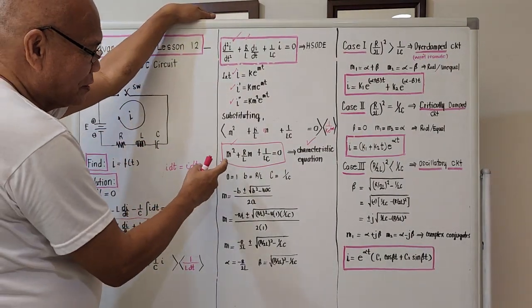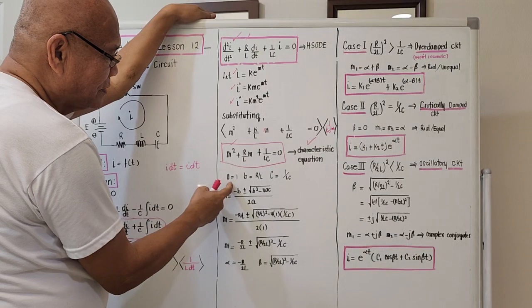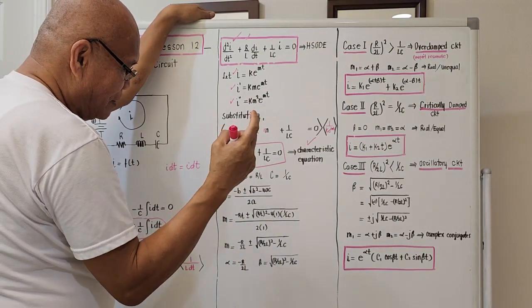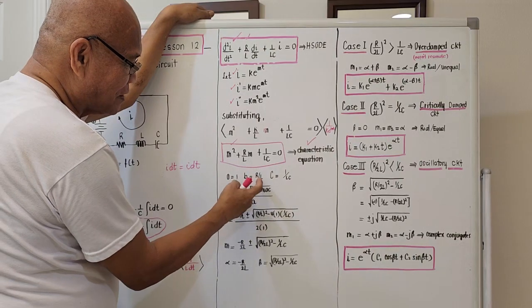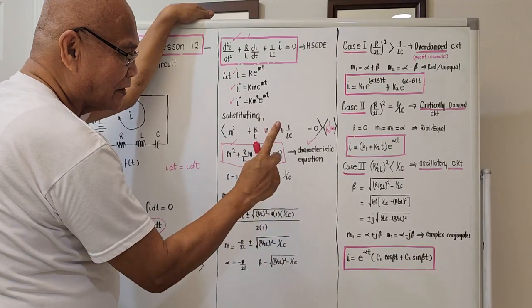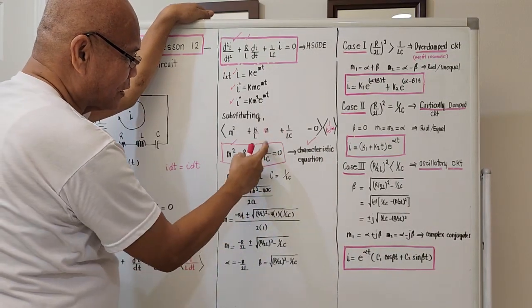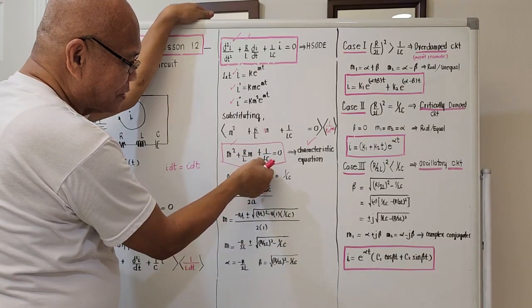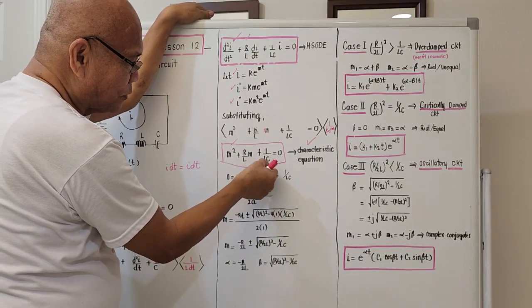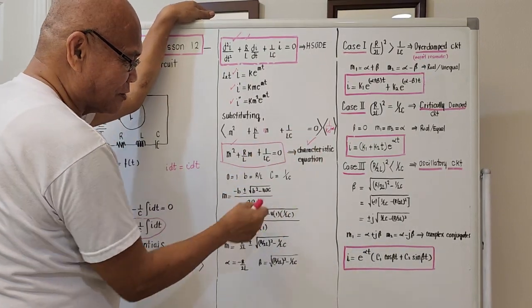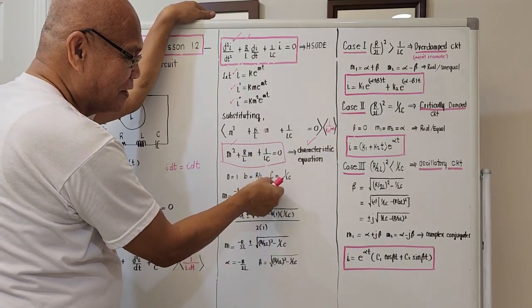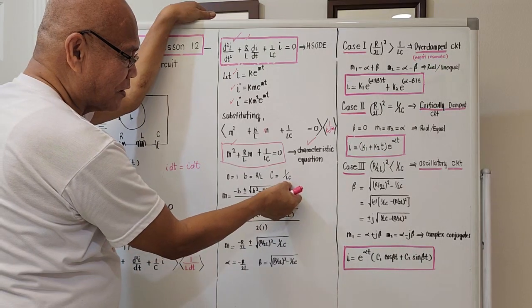The coefficient of the square term is 1. The coefficient of the linear term, B, is actually R over L, and the pure constant term is 1 over LC. L is constant, C is constant, the product of two constants will be constant, so 1 over constant is still constant, so the value is actually 1 over LC.